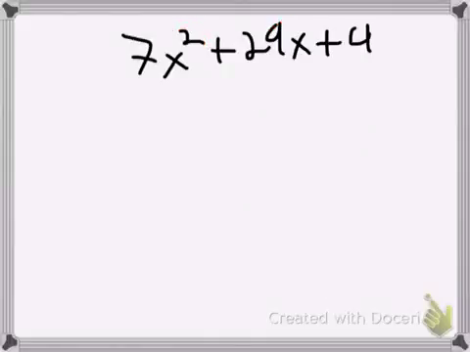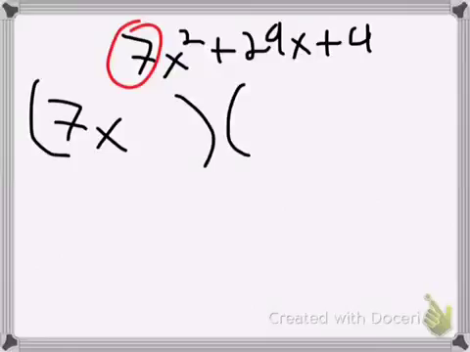This is our third problem that is harder because we have a term before the x squared. So we have to write the 7x and the x to have 7x squared.